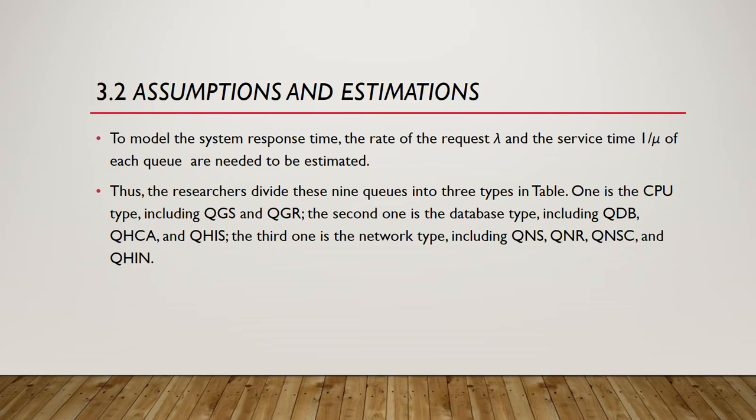To model the system response time, the rate of the request lambda and the service time 1 divided by mu of each queue need to be estimated. Thus, the researchers divided these 9 queues into 3 types in the table. One is the CPU type, the second is the database type, and the last is the network type.